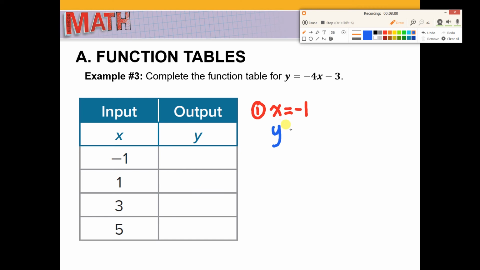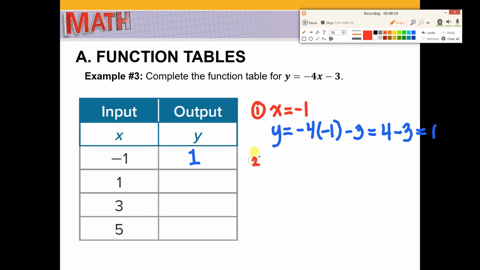So I will have negative 4 times negative 1 minus 3. And this will be negative 4 times negative 1 will be 4 minus 3. And the answer for 4 minus 3 is 1. So here will be 1.